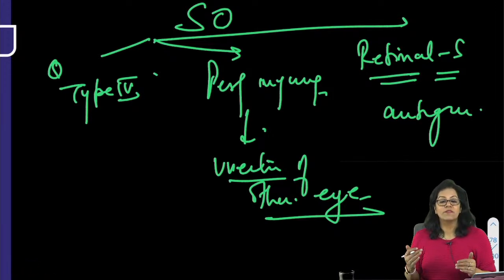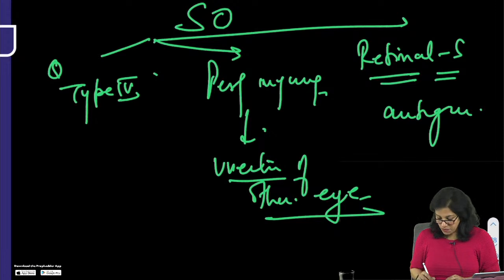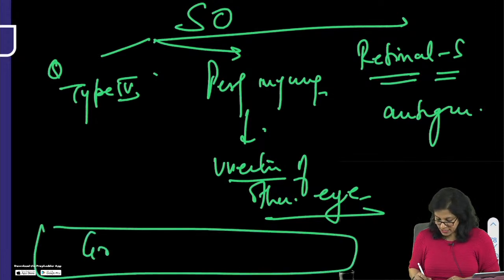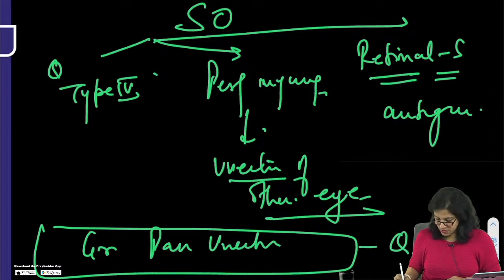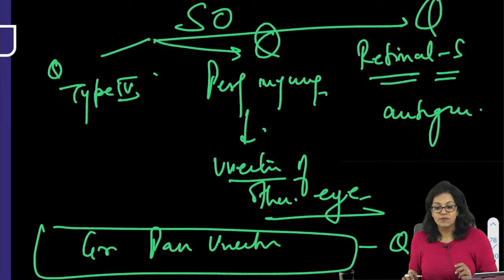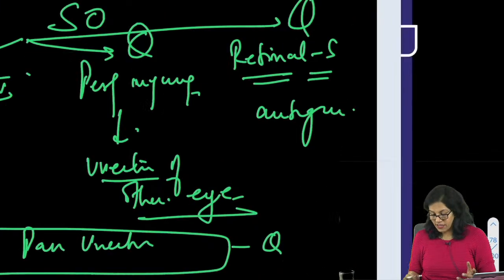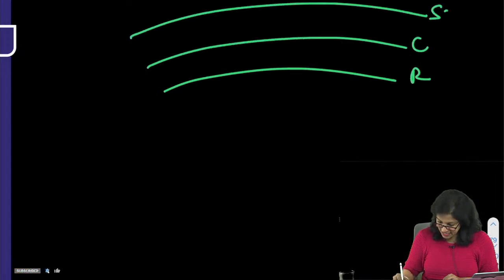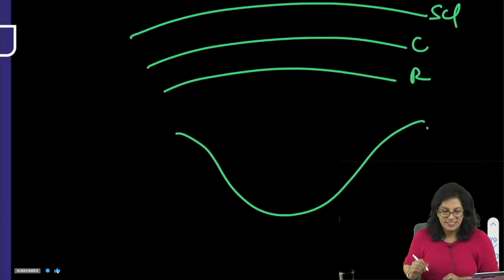Then in sympathetic ophthalmitis, they ask you what type of uveitis. You should know it's a granulomatous panuveitis. This is also a cue. These are all cues. And if it is a granulomatous uveitis, we get nodules, right? And where are the nodules? It is not on the iris. We should know this. This is the retina, this is the choroid, and this is the sclera, right? And this is the anterior segment.